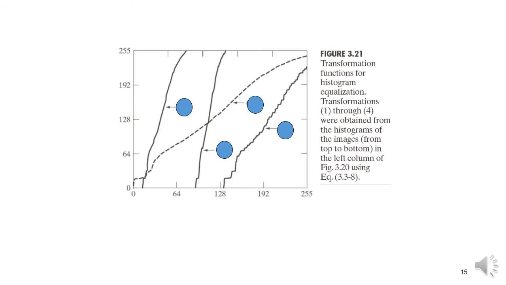These are actually the histogram equalization transformations. Can you judge which histogram is of which image? Here is the answer. This histogram is for image number 1, this was image number 2, image 3, and image 4.